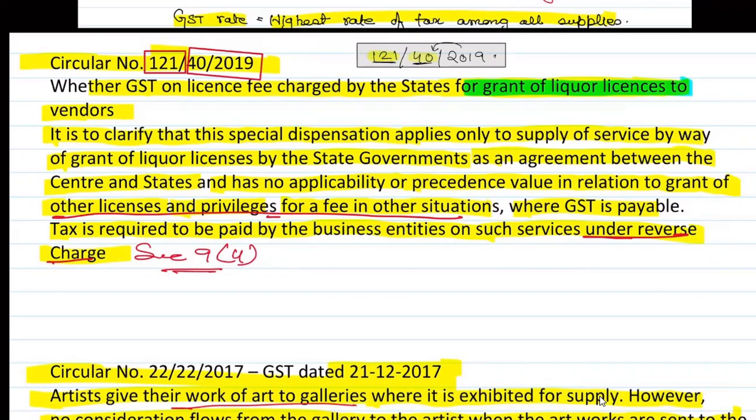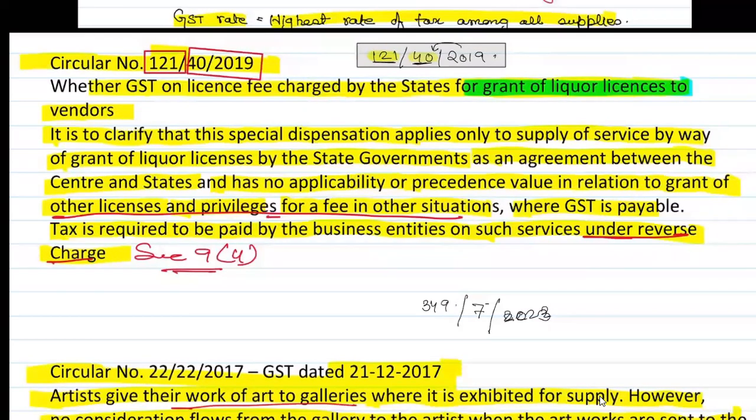Okay, right now, if I talk about nowadays circulars, it came yesterday only, 2023, 7th, and it is 349, I think.